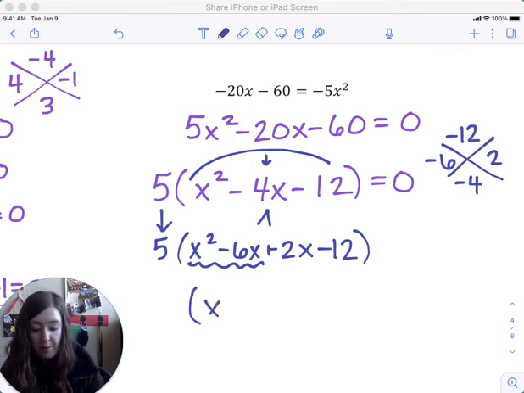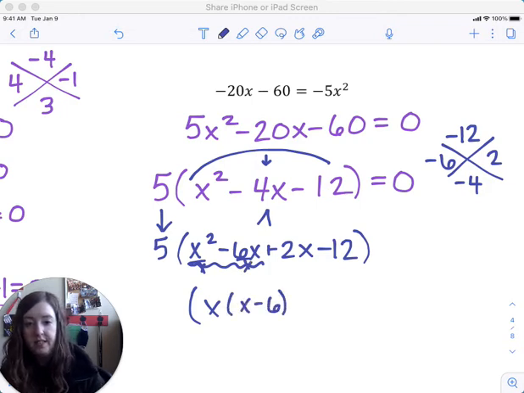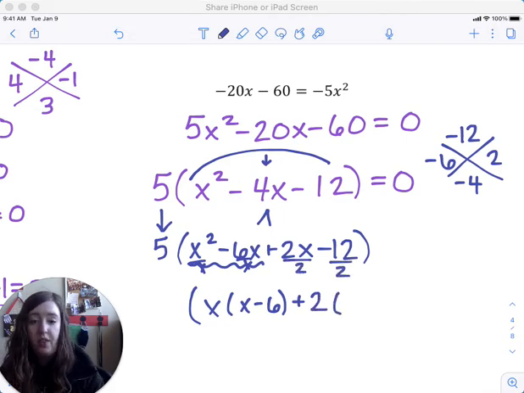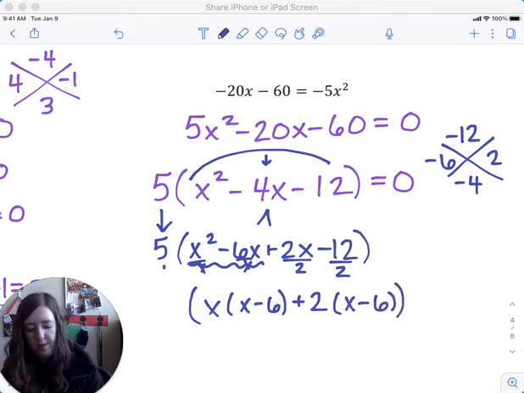When we divide both of these terms by x, we'll end up with x minus 6 inside of those parentheses. My greatest common factor of 2x and 12 is 2, so I'll put plus 2 since I'm factoring out positive 2. We'll divide by 2 on both of these terms to find out what goes inside of my parentheses, x minus 6. And we'll remember to bring down our greatest common factor with it.